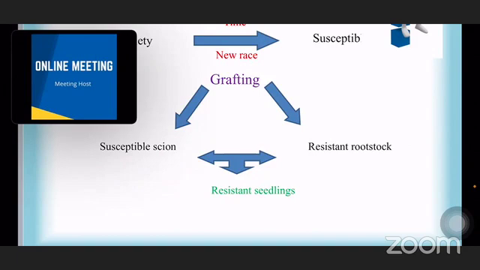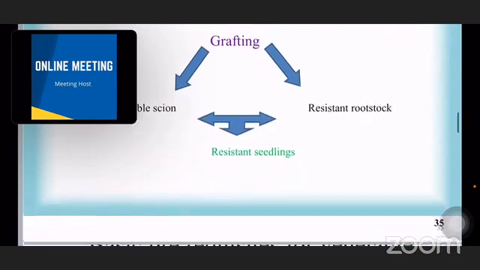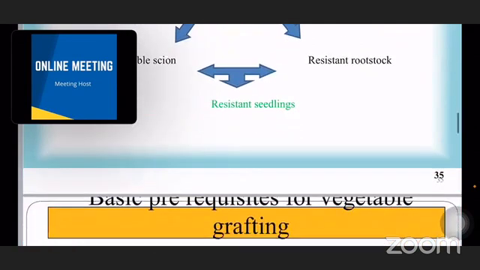Those resistant rootstocks are always wild species. Sometimes they may be in cultivated form also, but most of the resistant rootstocks are wild types. So by using a susceptible scion and a resistant rootstock, we can develop resistant seedlings.